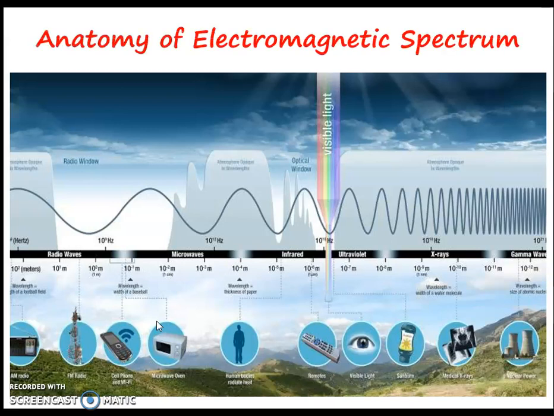This is the importance of the electromagnetic spectrum, where the electromagnetic radiations have been divided into various regions such as radio waves, microwaves, infrared waves, visible light, ultraviolet radiations, X-rays and gamma rays. It has been arranged in increasing order of frequency or decreasing order of wavelength.